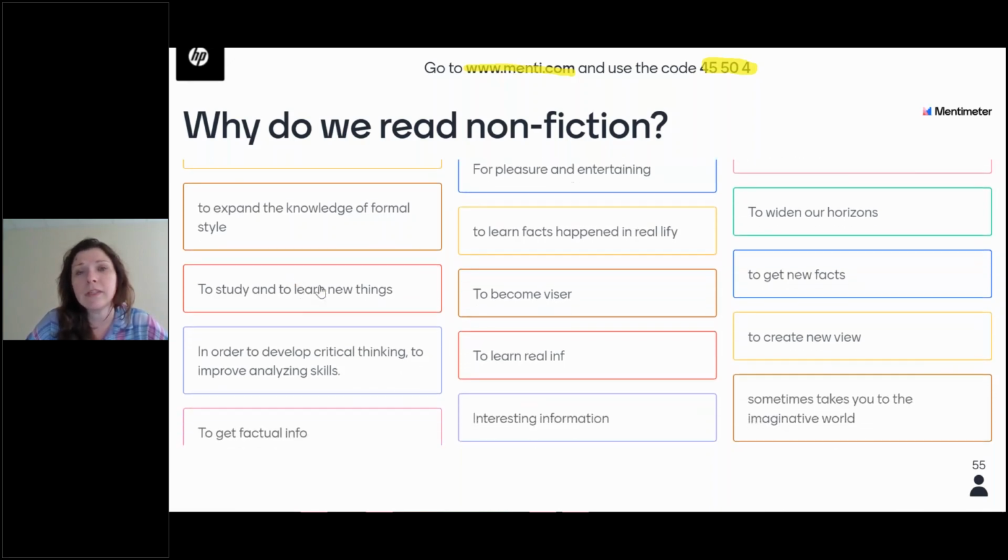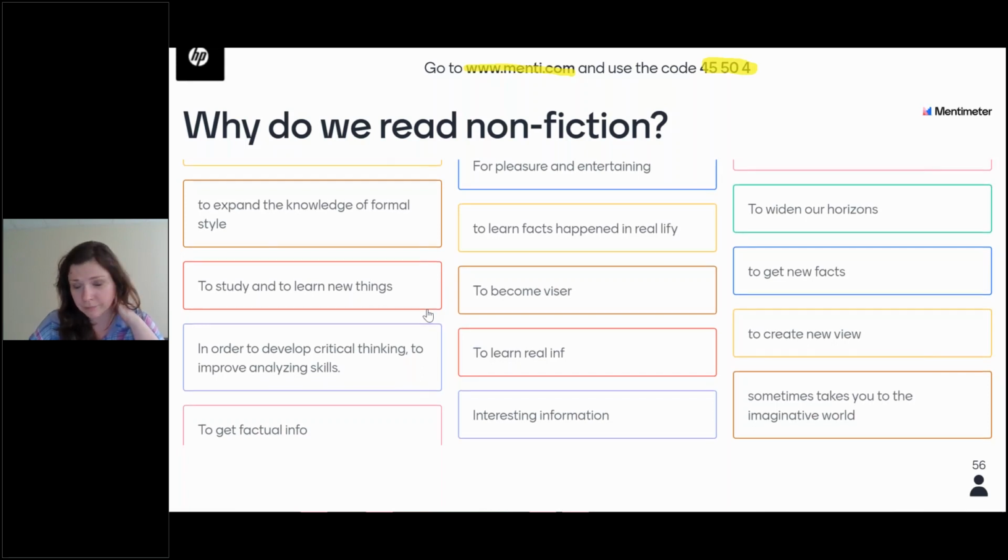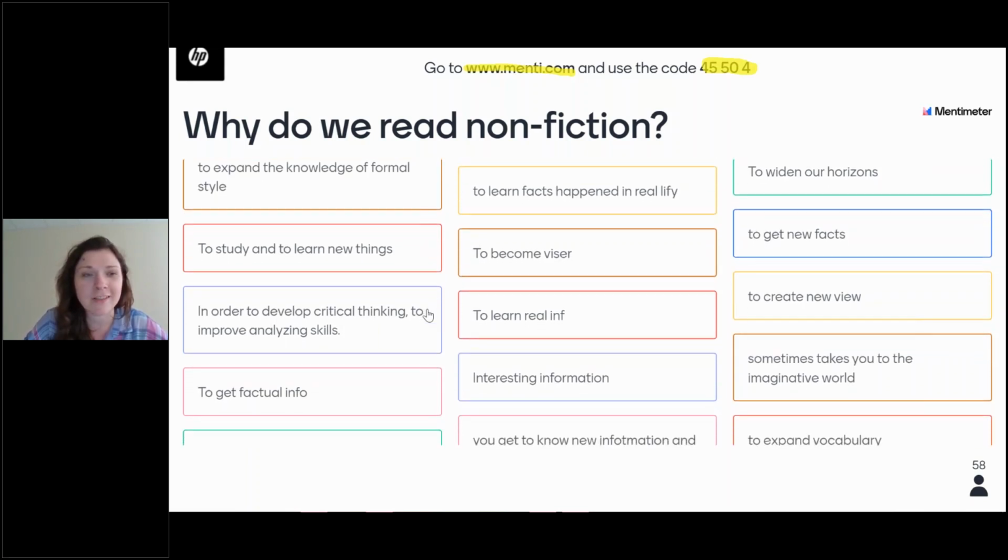So that is what we read really often, and we need to keep this in mind when we teach our students, that they need to get this real life skill, read and understand nonfiction, especially in English, because they can find out some information that wasn't translated, and they can be the best professionals in their field. So let's read some more of your answers.